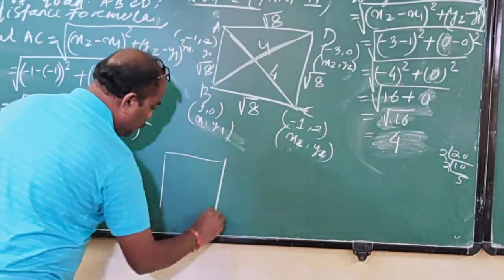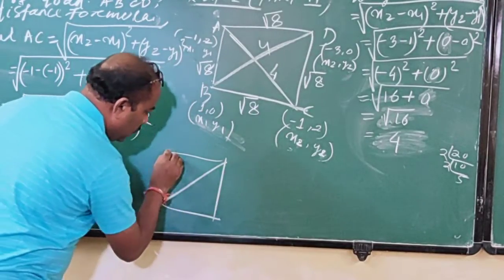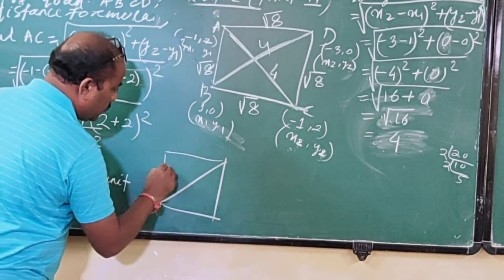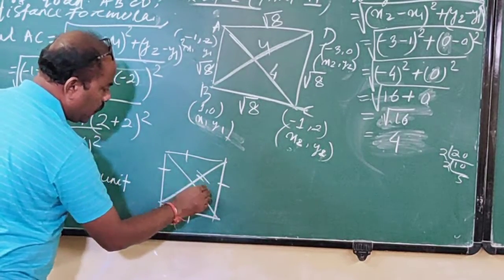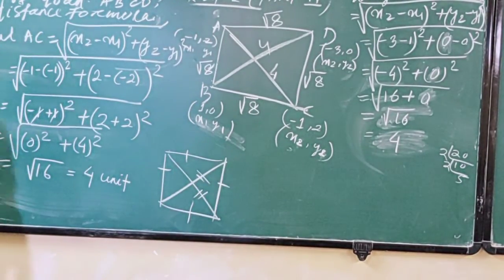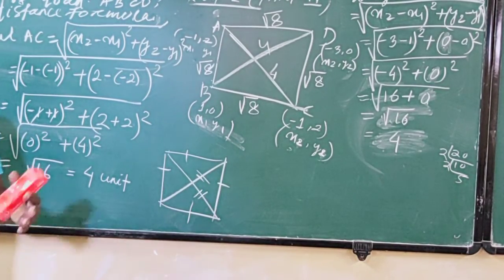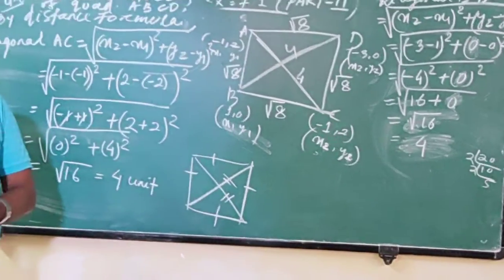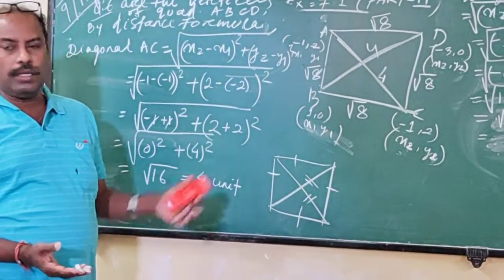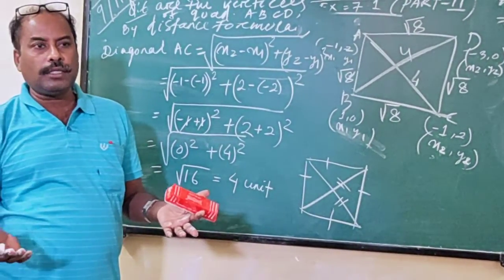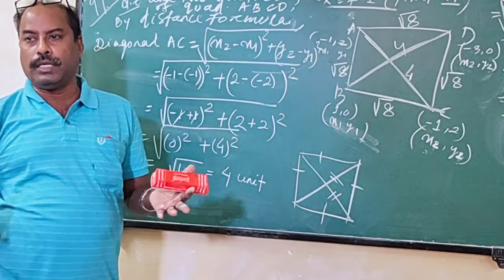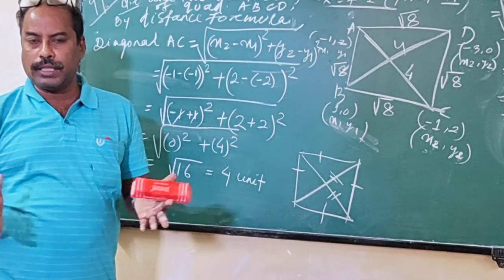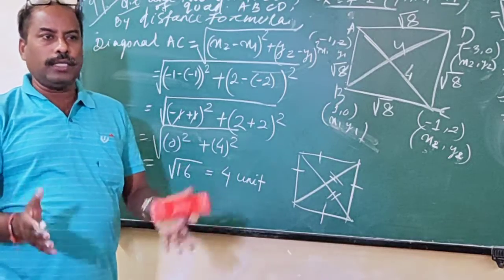In a quadrilateral, if these sides are the same and these two diagonals are also the same, then what do we call it? Square. Why not rhombus? Because in a rhombus also all sides are equal, but the diagonals are not equal.